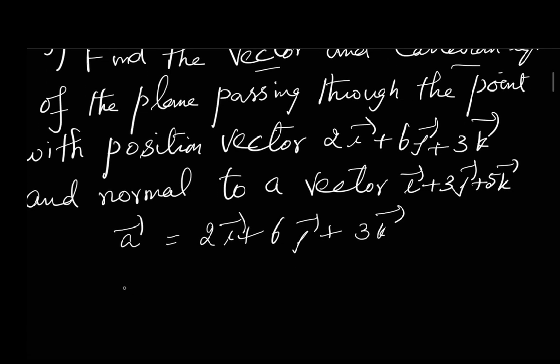Vector A is 2i plus 6j plus 3k, and normal to the vector i plus 3j plus 5k. This is the normal vector n.